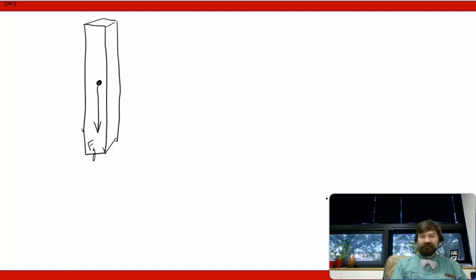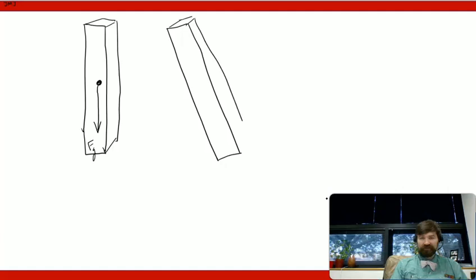Now, if I were to allow it to move a little bit like this, so right now I'm just looking at it end on, but I guess I could draw it as a three-dimensional object in perspective again. Here's again that center of mass.